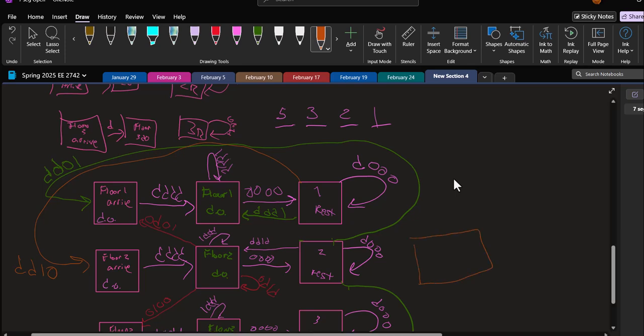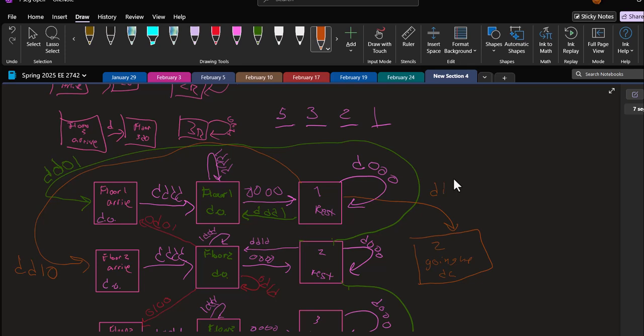And that would be if I don't care about the door open, I have a 1 for floor 3, I have a 0 for floor 2 and a 0 for floor 1.